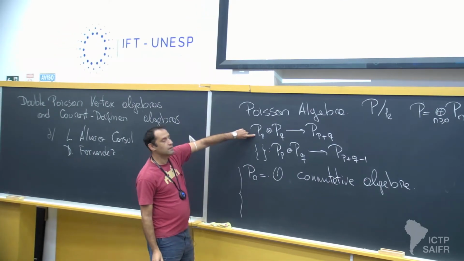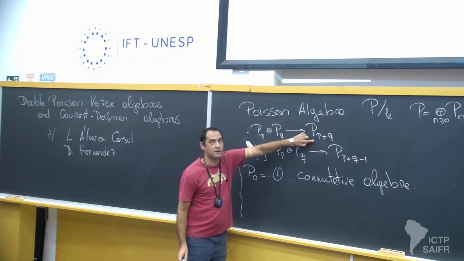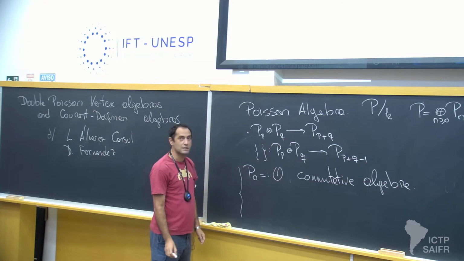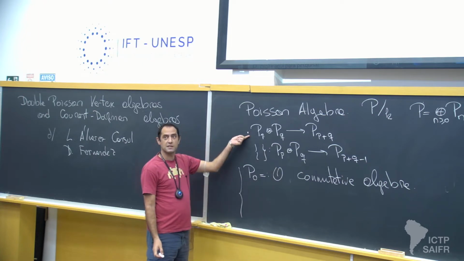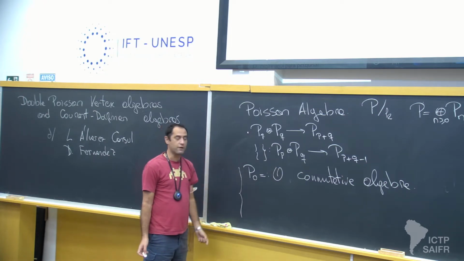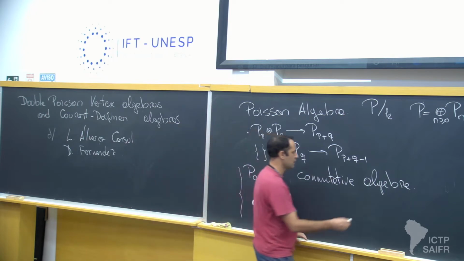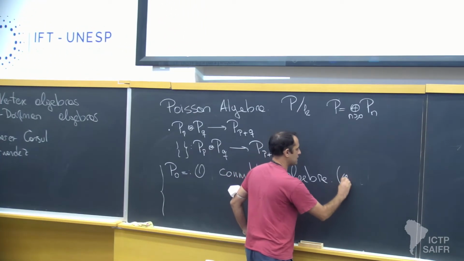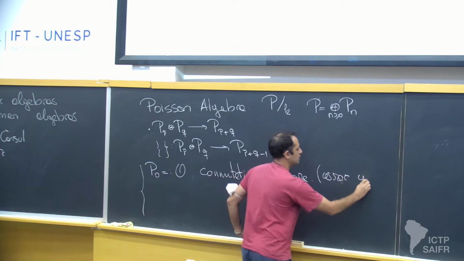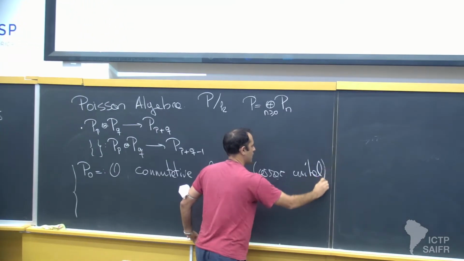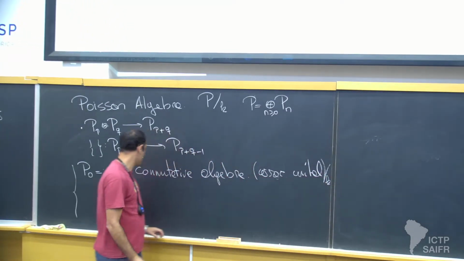Just the degree 0 piece is preserved here. If you put P and Q equal to 0, the multiplication preserves this, the unit is there, and this is just a commutative associative unital algebra over your ground field K.